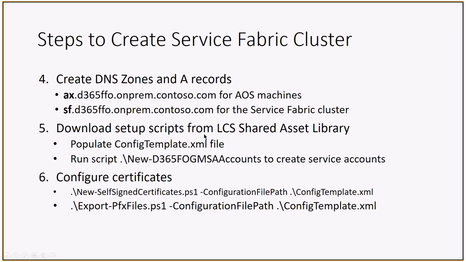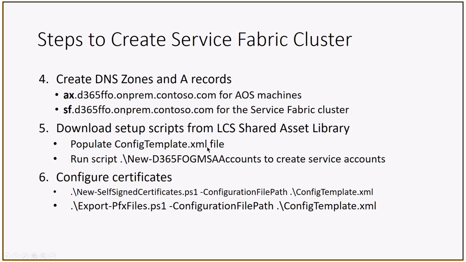Then you can go to the LCS shared asset library in Lifecycle Services and download the installation files. The installation files are a set of artifacts, a lot of PowerShell scripts, and some config files. But the main file that you will be working with is called config-template.xml.